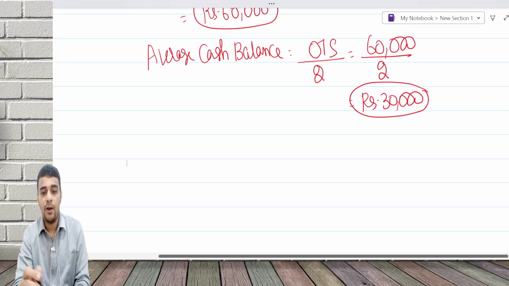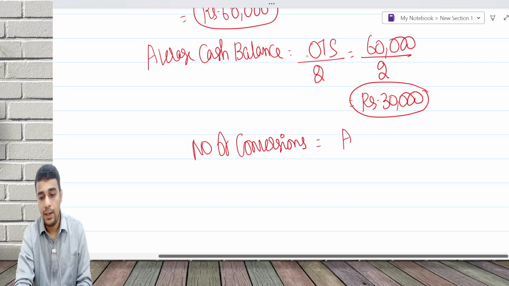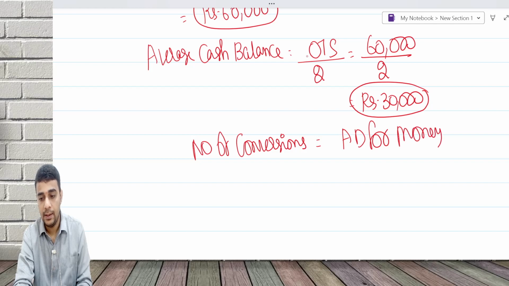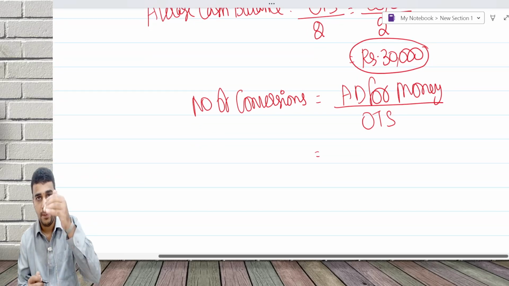Then next is number of conversions. Annual demand for money, there it used to be annual demand for raw material, divided by economic order quantity.